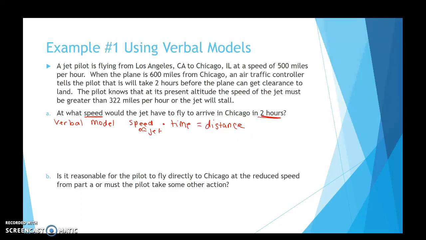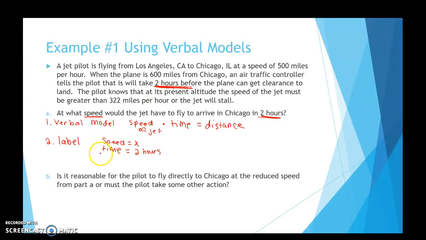Then what we have to do is label. So our next step is we'll label what is in the expression above. The speed of the jet, that's what we're trying to figure out. We don't know what the speed is, so we'll label that as x. Our time in the sentence is going to be 2 hours, since it's going to take 2 hours before the plane lands.